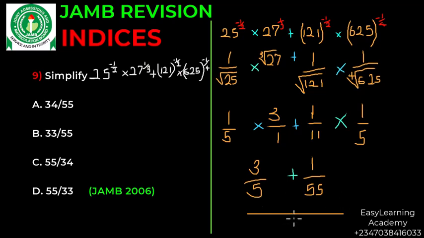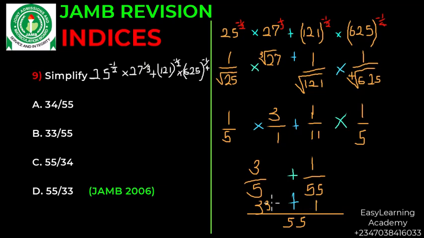The LCM of 5 and 55 will give us 55. 5 into 55 is 11 times. 11 times 3 will give us 33. And of course, you now say 5 into 55 is 1 time. 1 times 1 will give us 1.